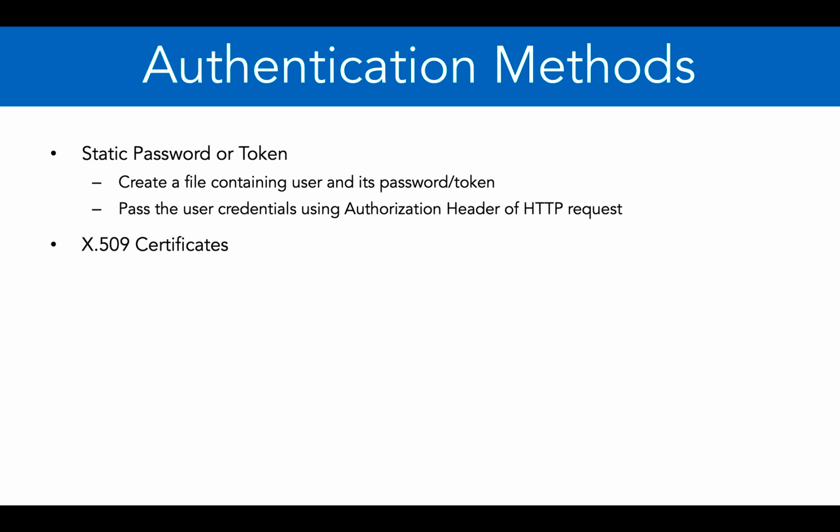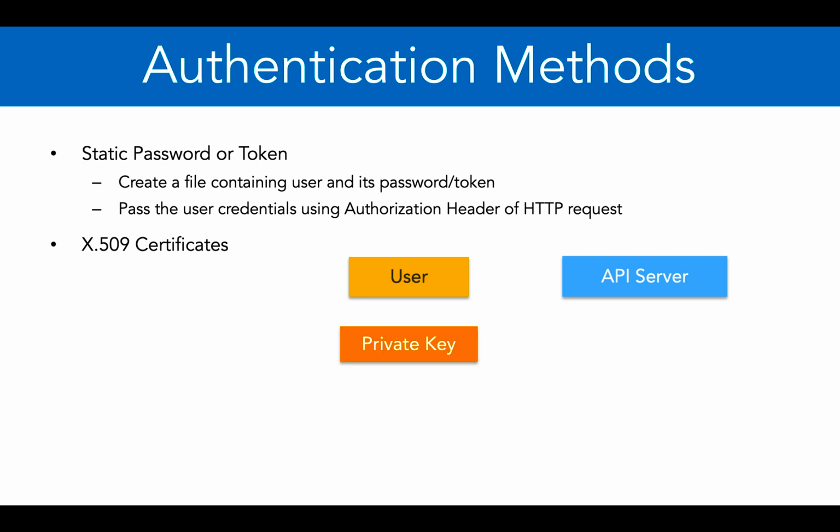Now, the way it works is we have this API server and we have a user who is outside of the cluster. The way X509 certificates work is that we create a private key for the user using any key generation tool like OpenSSL. After that, we create a certificate signing request or CSR.